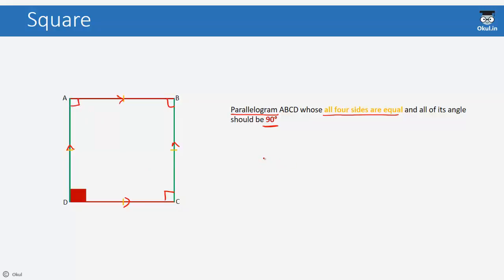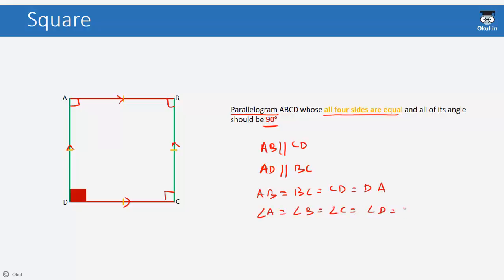So the conditions are AB must be parallel to CD, AD must be parallel to BC, AB equals BC equals CD equals DA, and angle A equals angle B equals angle C equals angle D equals 90 degrees. If all these four conditions are fulfilled, then I can say that a particular quadrilateral is a square.